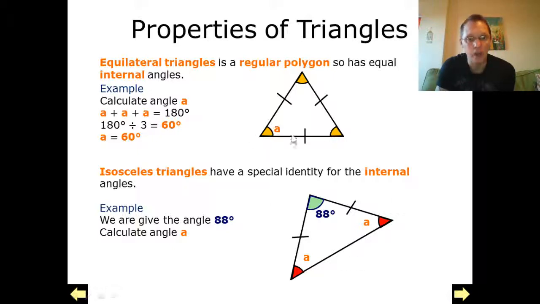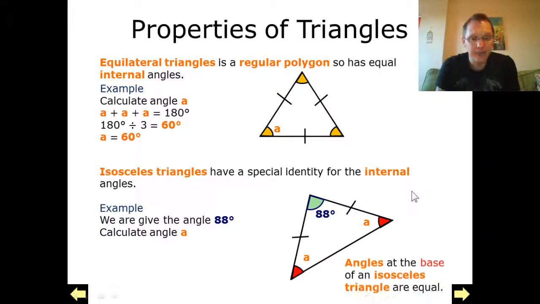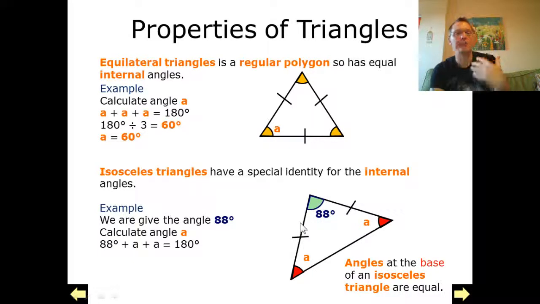The base does not always have to be the part lowest on the page or the part that's flat. Here, this is my base, in which case I'm going to use the fact that there's 180 degrees in a triangle, and what I'm going to identify first of all is that all three of these angles are going to add up to give me 180 degrees.